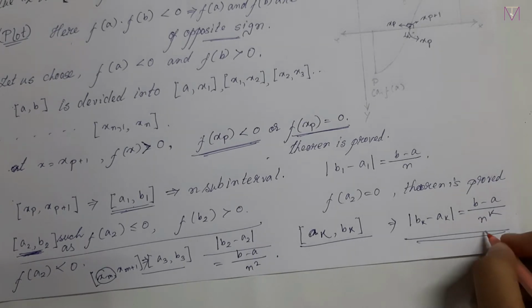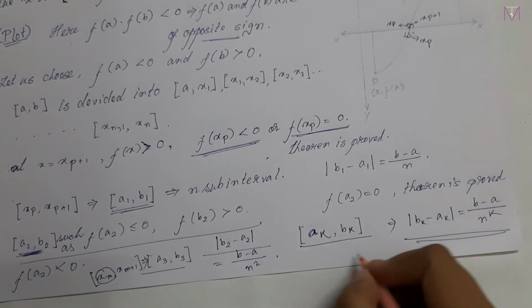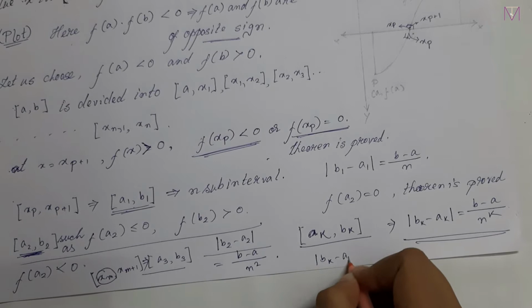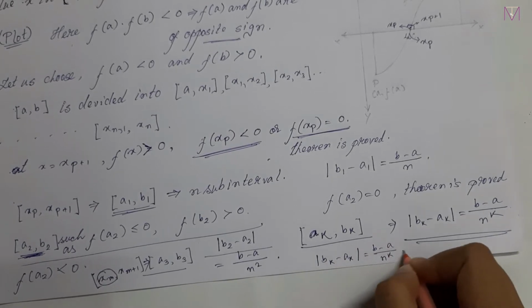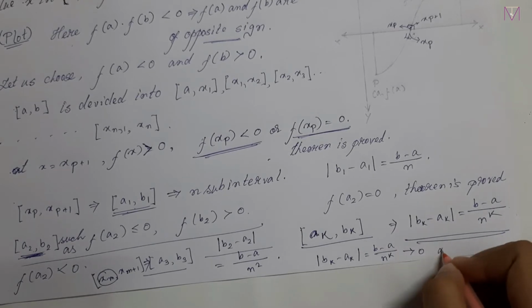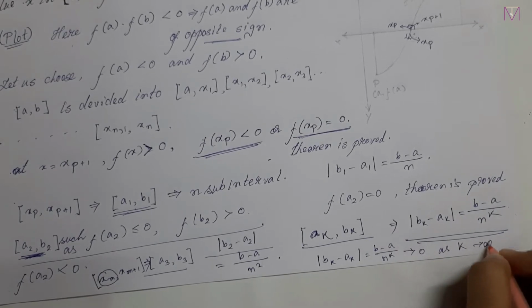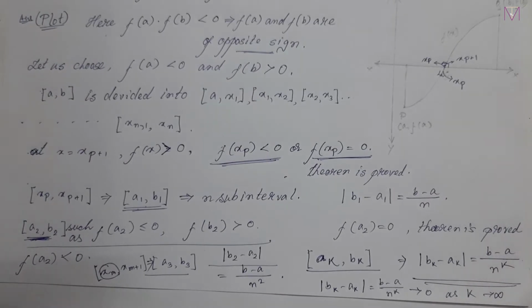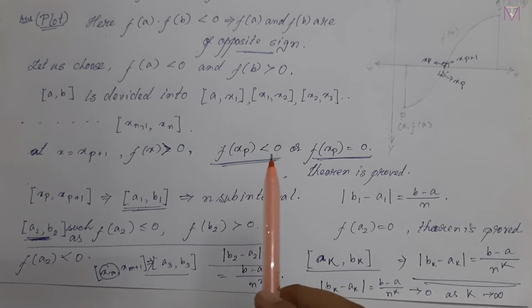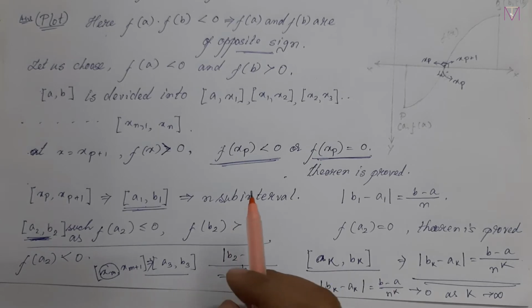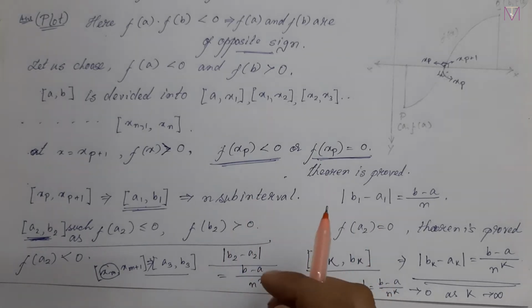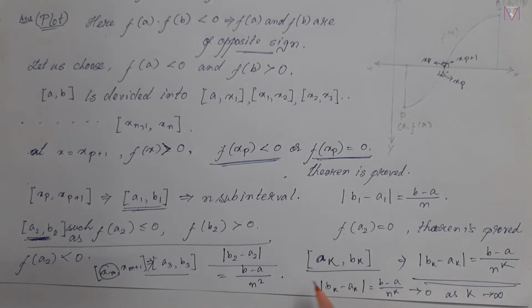Now we can say that the length of (ak, bk), (b minus a) by n to the power k, tends to 0 as k tends to infinity. So in this way we can say that there is exactly one point where f(x) is equal to 0. And obviously we will get a point where f(x) vanishes.